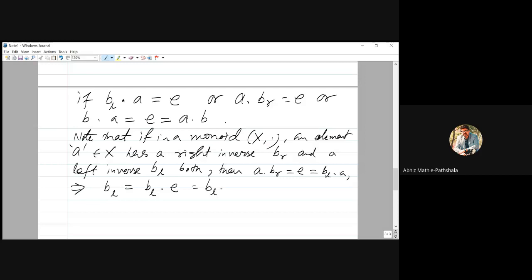Now you can replace E by this one, A dot BR.